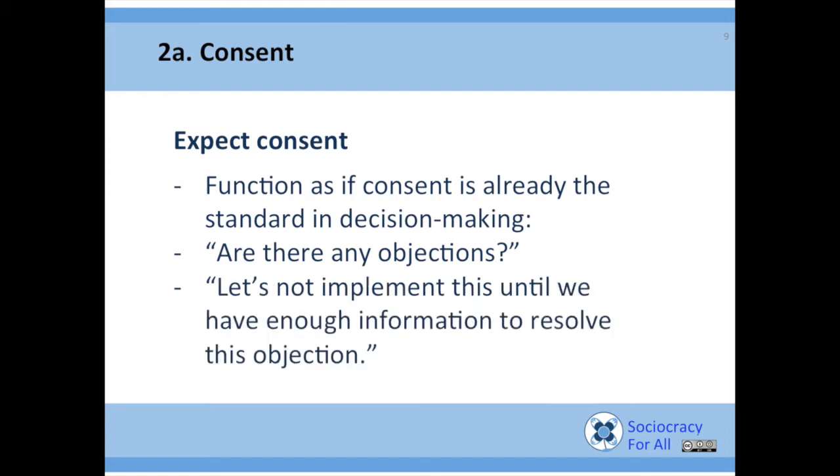Or you could say things like, let's not implement this until we have enough information to resolve this objection. So every member of a committee can actually push for the process that supports equal voice and transparency and no winners, no losers.